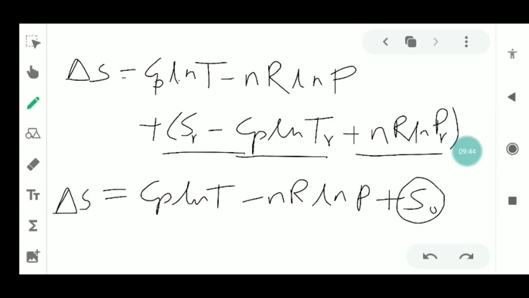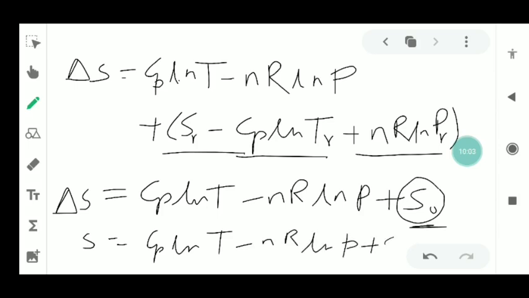So the entropy can be given. We can choose this S0 arbitrarily. So we can write S, which is the entropy at that temperature and pressure, is equal to Cp ln T minus nR ln P plus this S0, which we can determine arbitrarily or from experiments.